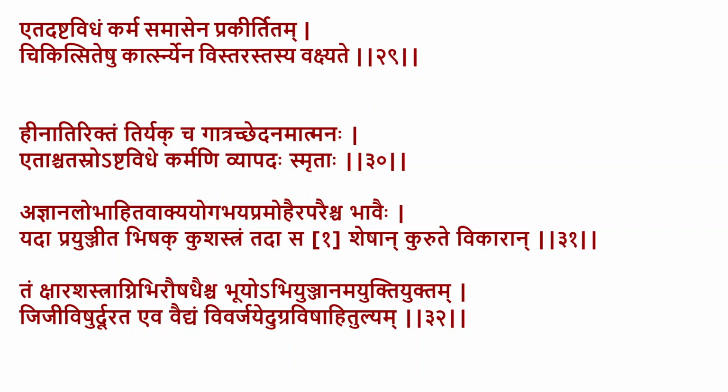If the surgeons do not have that surgical personality, a cool personality, or if the surgeons do not have hand and eye coordination, there is a possibility of injury to the self. Now, these are the 4 types of complications which can occur during the surgical procedure. Sushruta gives some more detail like how these complications can occur. Ajnana loba ahitavakya yoga bhaya pramohehi apareshya bhavehi yata prayunjit bhishakushastam tada sasvesham kurute vikaran.